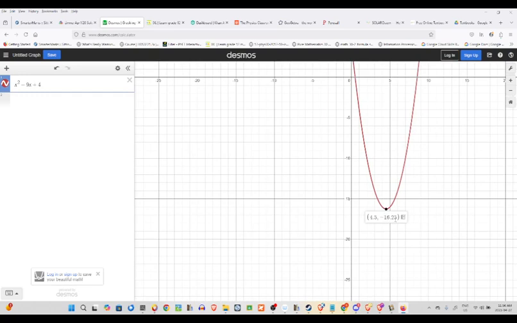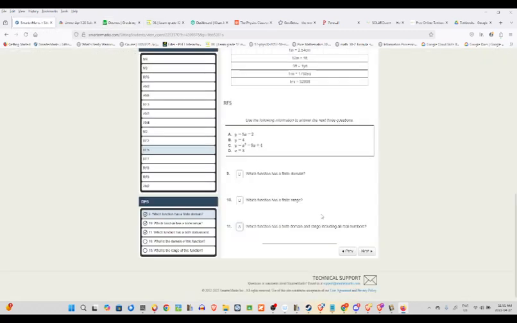Here is our lowest point, negative 16.25, or negative 65 over 4. So it's still infinite, because it goes up as far as we want. But it does not include all real numbers in the range.